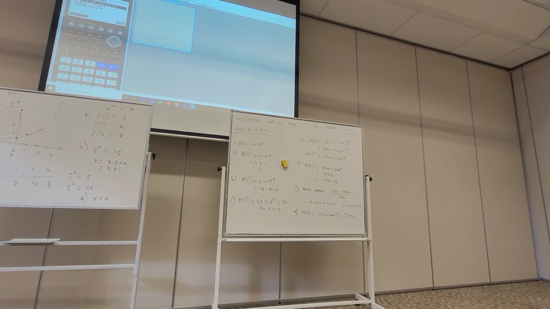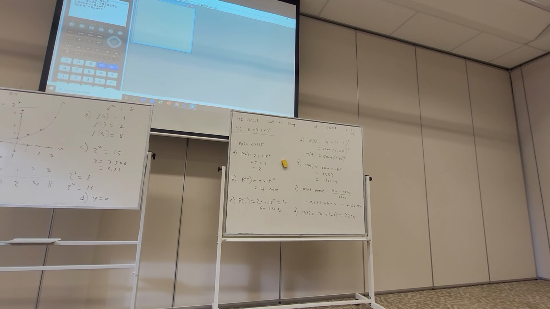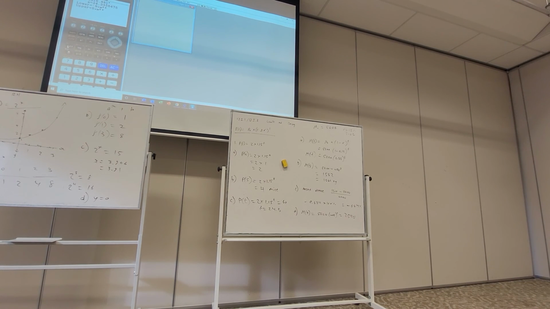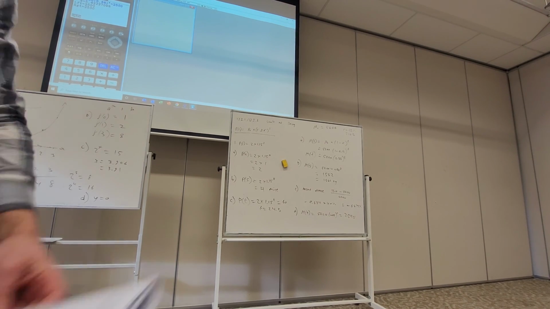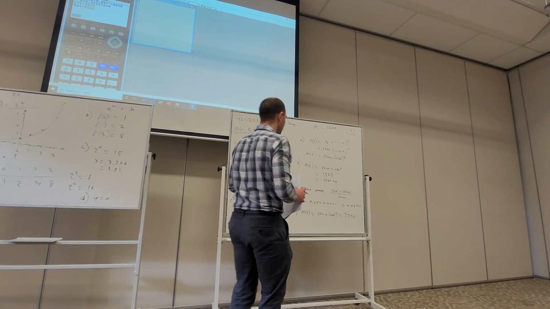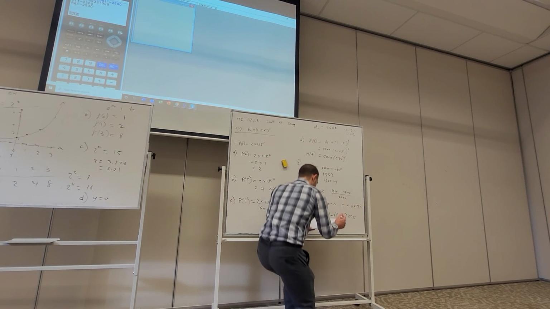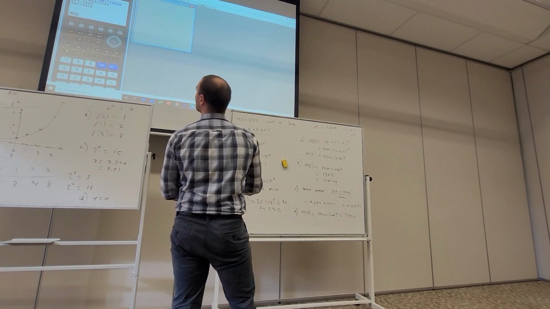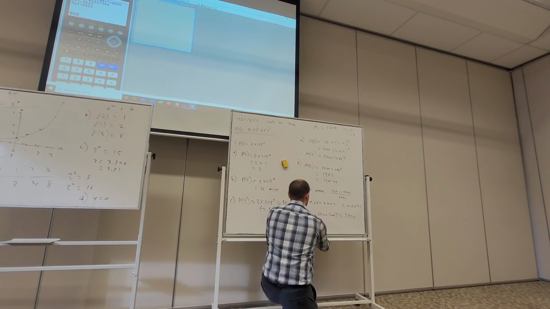So I'll exit out of this. My new equation is 5,000 times 0.88 to the power of x equals 2,500. Solve. What's our time? Years. It's going to take 5.422 years. I hope I didn't answer months.